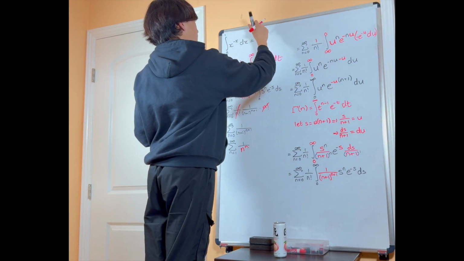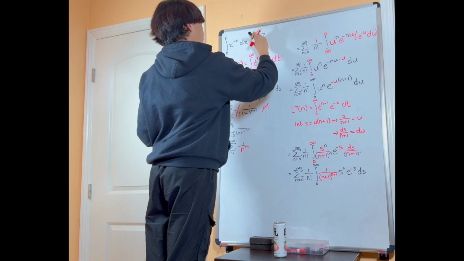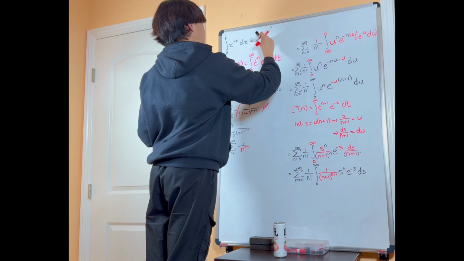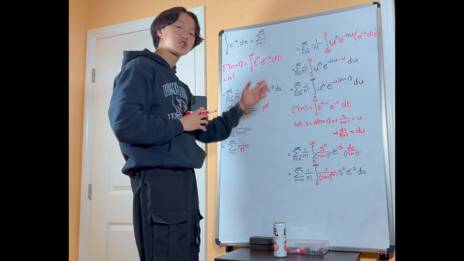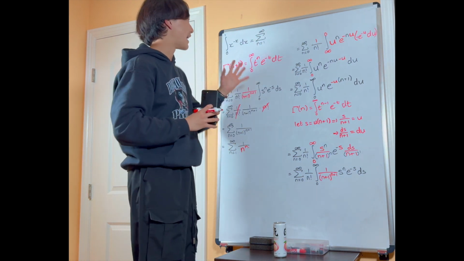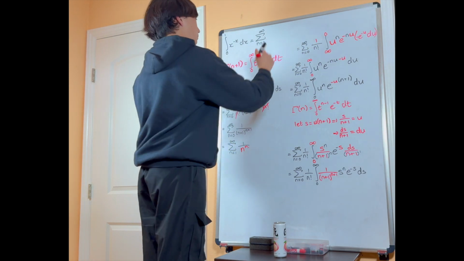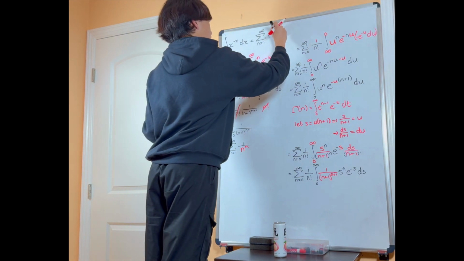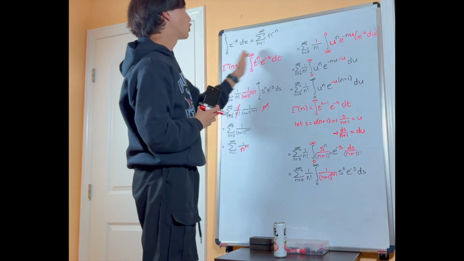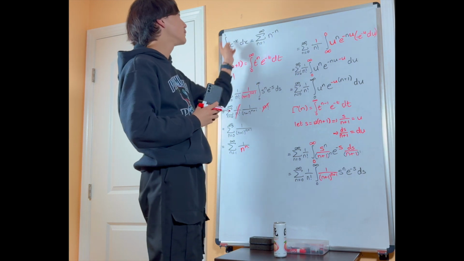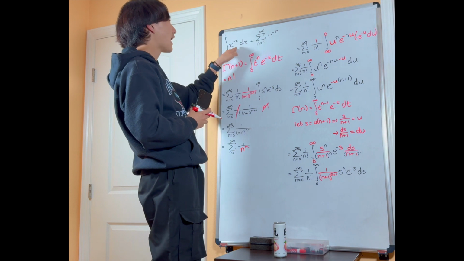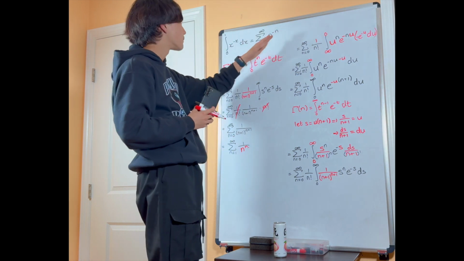All right. In summary, we have this whole thing being equal to the sum from n is equal to 1 to infinity of 1 over n to the n, which we can rewrite as n to the negative n. Now, why is that cool? Because in the argument of both of these, you have x to the negative x, n to the negative n.